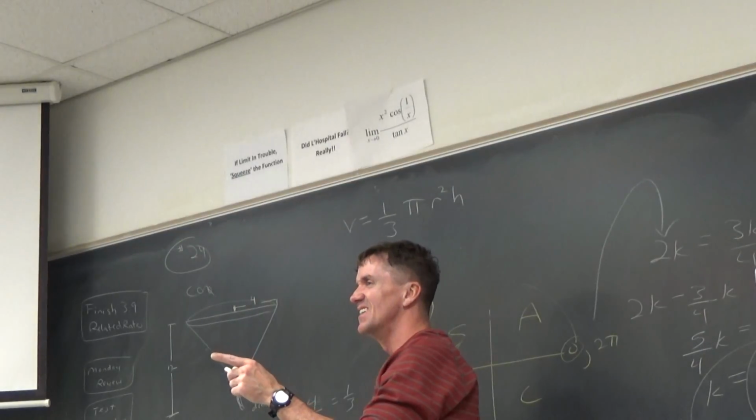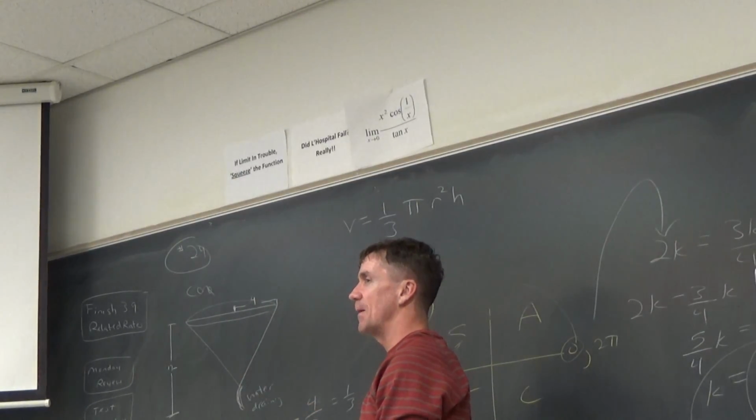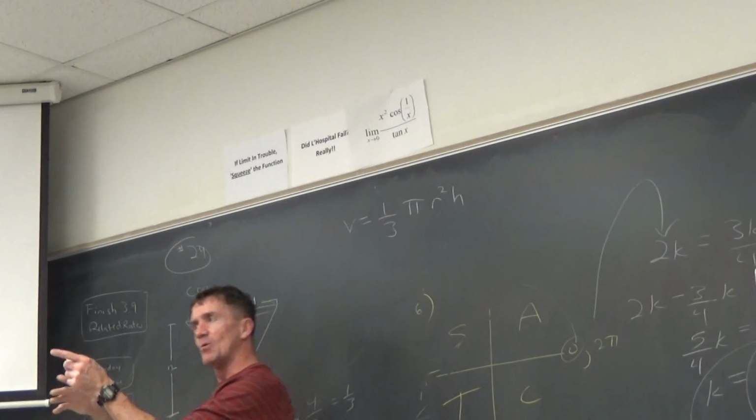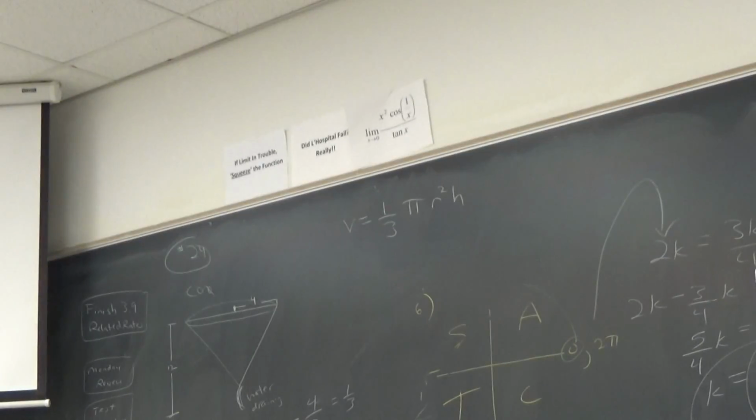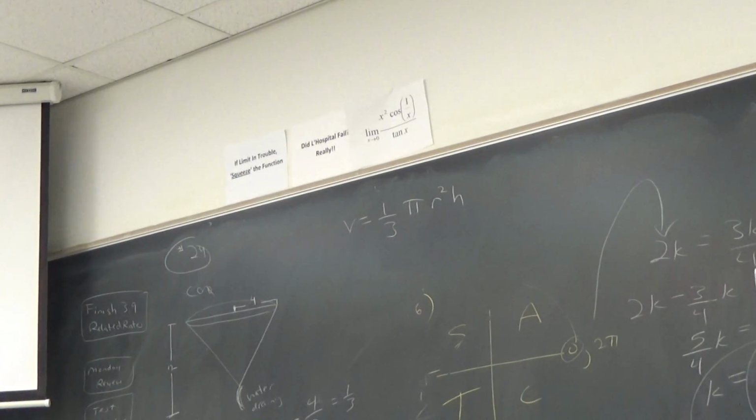It wasn't H over 3 last time. It depends on the way they set up those dimensions on the cone. Last time the radius equaled height over 2, because they said the diameter and height were always the same size.